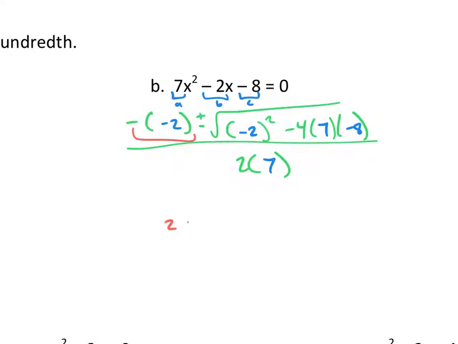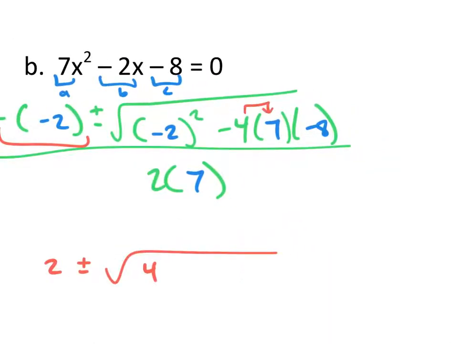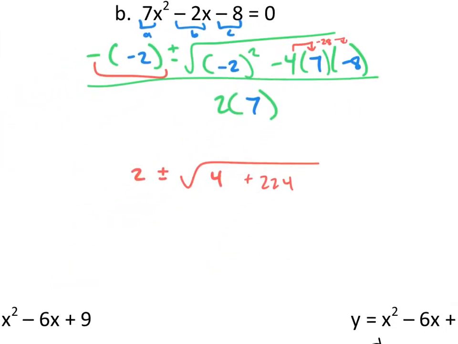So we'll get a +2 out front. Underneath the square root, we'll get a 4. And then here we get a -28 times another -8, so it'll turn positive, plus a 224, all over 14.